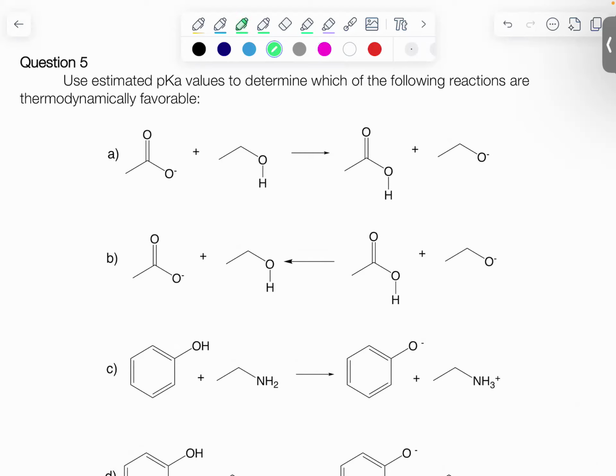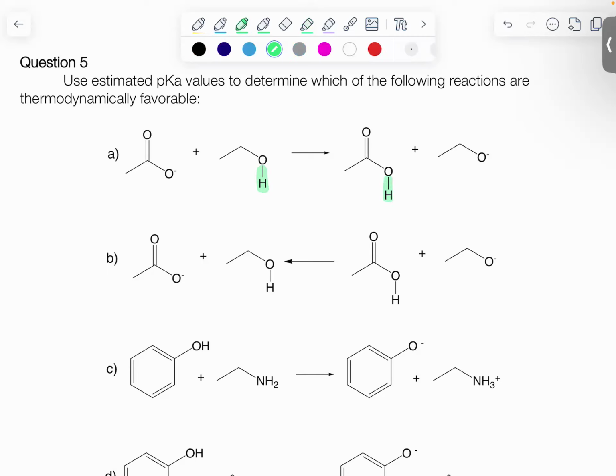So in this first one, in A, on the left-hand side, what is our acidic proton? The one that's drawn. What about on the other side? Also the one that's drawn.